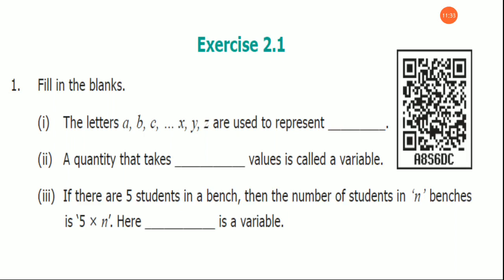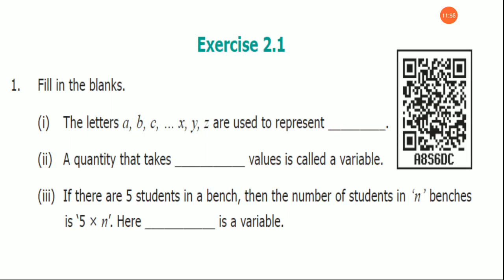Now the next one. A quantity that takes dash values is called a variable. What values? Just now I told you variable means it will keep on changing. So that means it has different values. Okay. Then the third one. If there are 5 students on a bench, then the number of students on n benches is 5 into n.